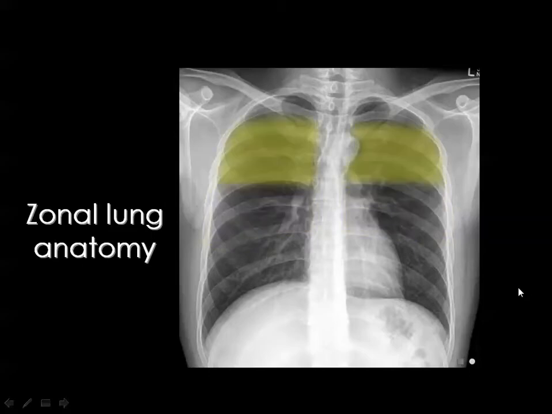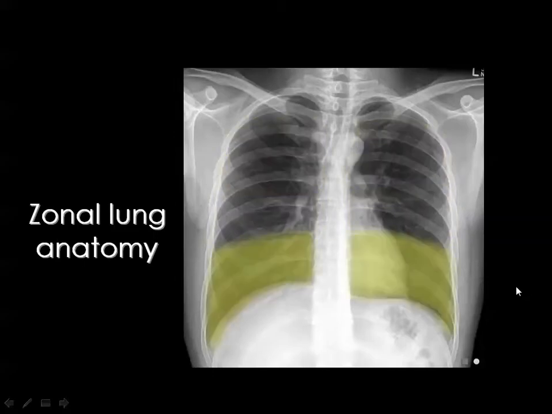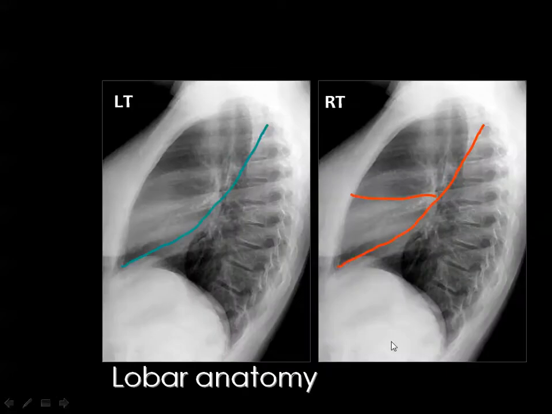The zone above it is the upper lung zone, and that below it is known as the lower lung zone. Then if you have a lesion here you say this is left middle lung zone, or here you say this is the right lung apex, or here you say that this is a right lower lung zone lesion.